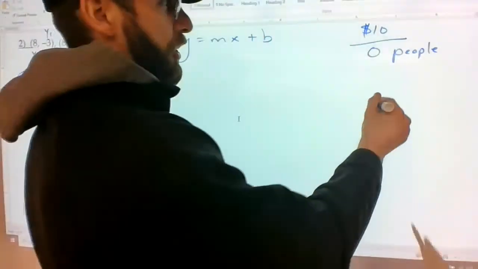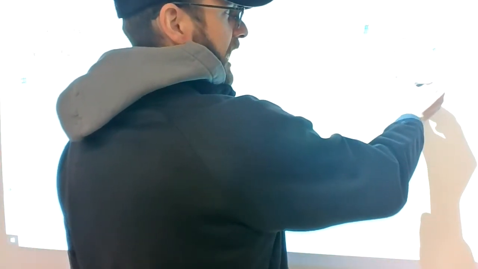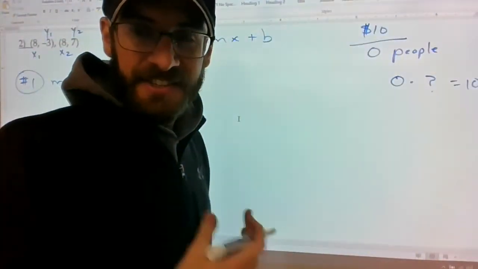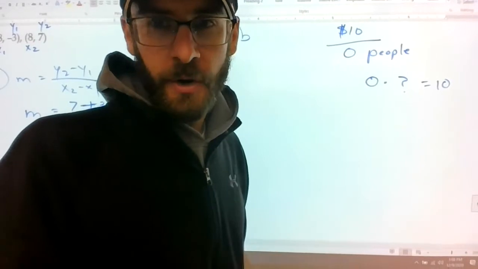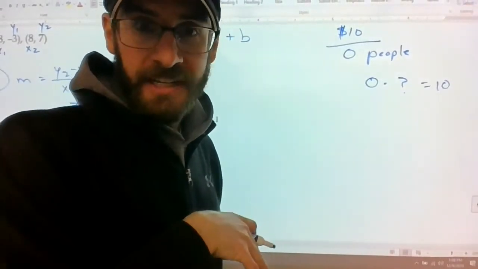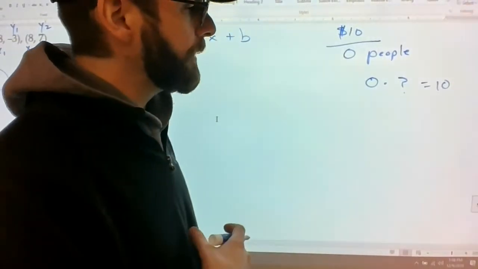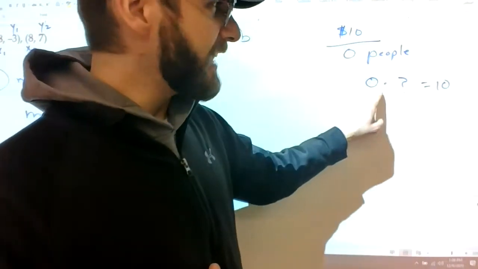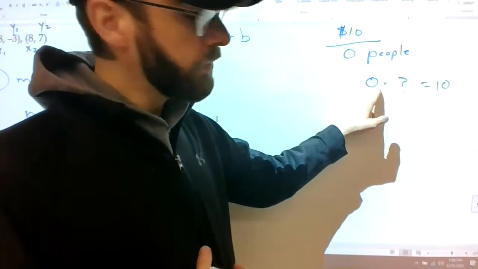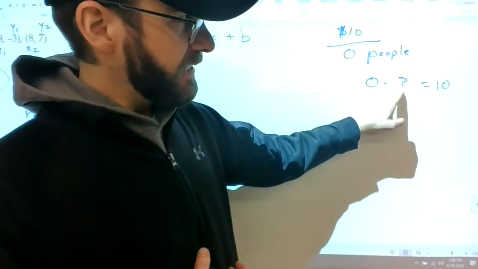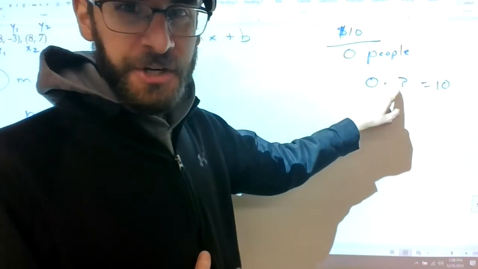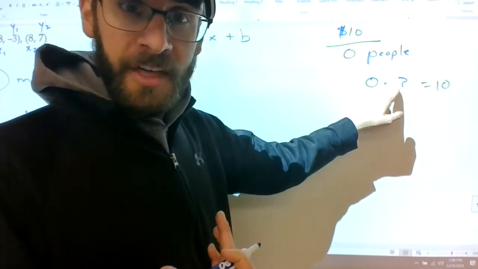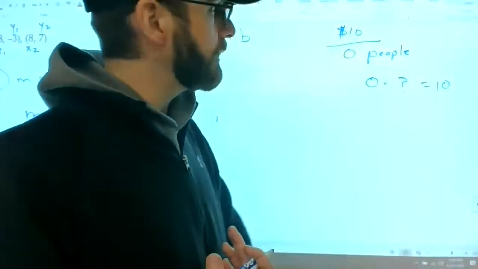You're asking yourself, 0 times what gives me 10? That's the same thing as asking what's 10 divided by 0. The question mark is the quotient. It's the answer to either one. And the idea here is, if I multiply anything times 0, I get 0. So there's no solution to this question mark right here. There's no number that when you multiply by 0, you get 10.